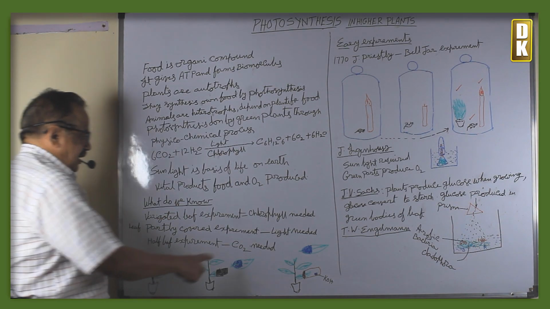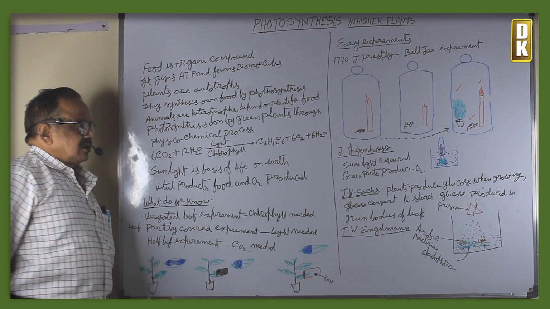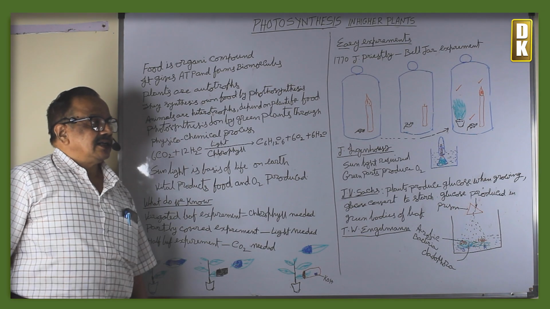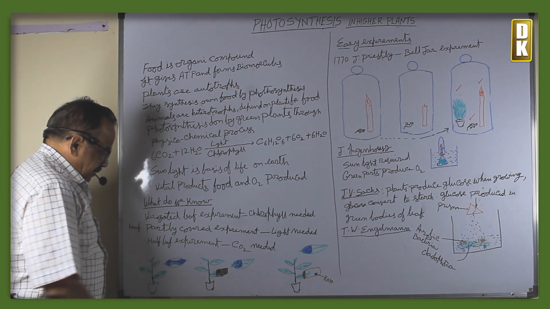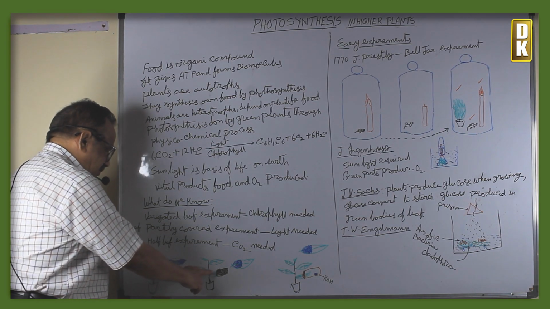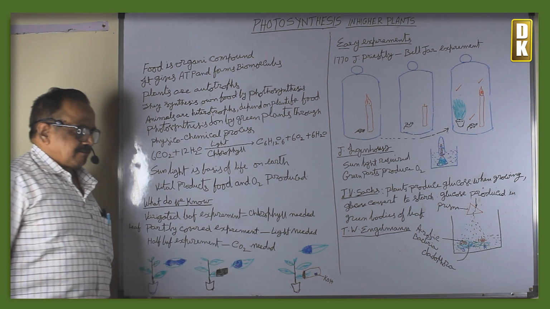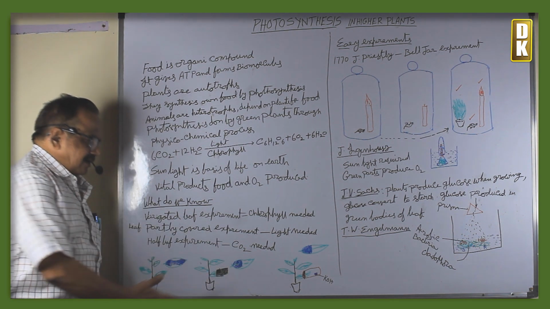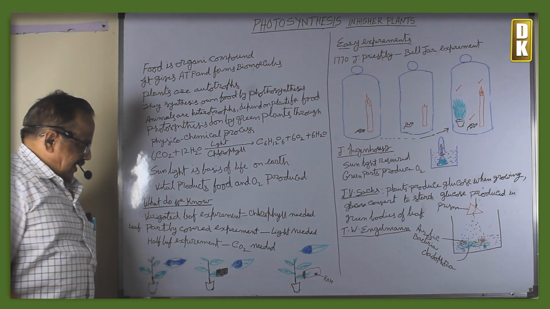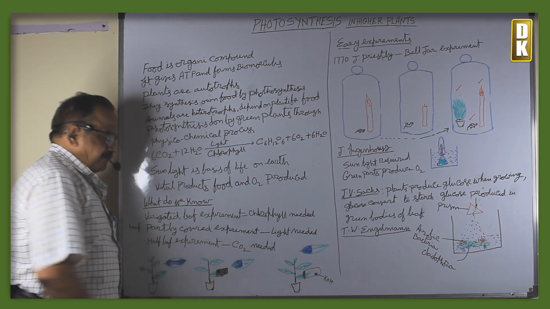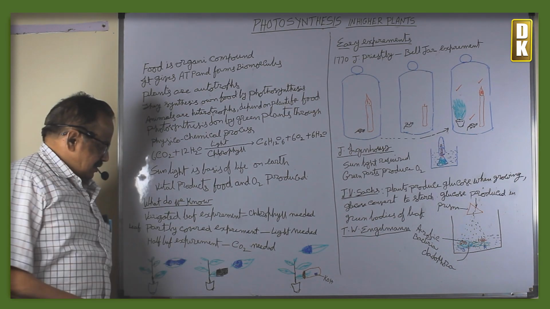Next one is light is needed. Here, the light is required. It can be proved by a plant. In that plant you select a leaf and cover it with black paper and keep this experiment a few hours in the sunlight, and then later on you remove this leaf and test it with the iodine test.